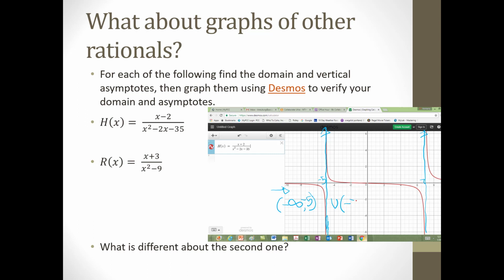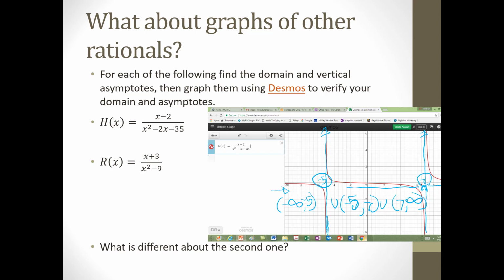And you go from -5 all the way up to 7, with a round bracket, union, and then you jump over 7 again, and you start here and continue off to infinity. So from 7 to infinity. That would be your domain on this graph. The restrictions would be the -5 and the 7. Those are the things you can't plug in.